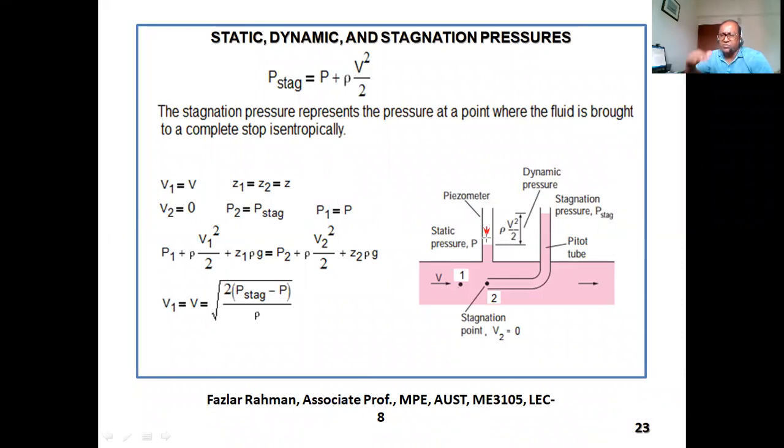It tries to push the fluid down, and the fluid is flowing with how many energies? 3 energies. Flowing with P by gamma, then V squared by 2g, then Z. And you see this is horizontal. So if you take point 1 and point 2, in both cases Z will be the same, right?